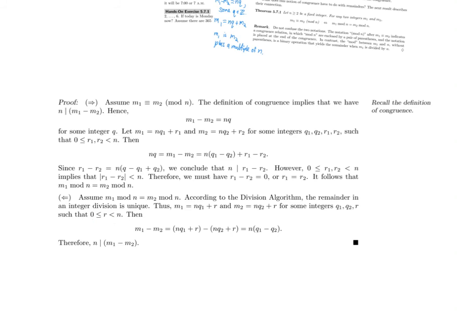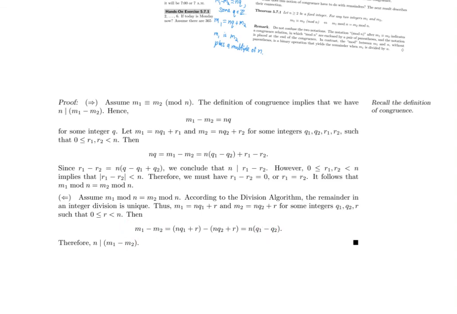So if we subtract these equations, what we get is M1 minus M2 is equal to, once we subtract these and work it out, n times the quantity Q1 minus Q2. In other words, we have n times some integer gives us M1 minus M2.